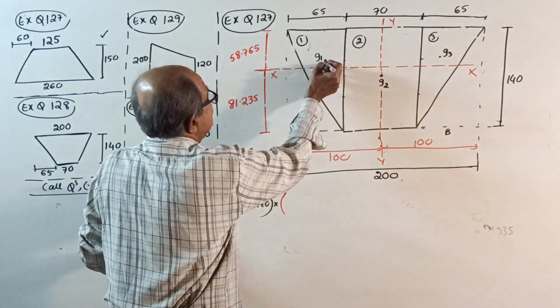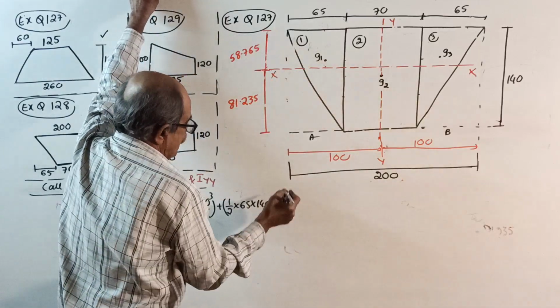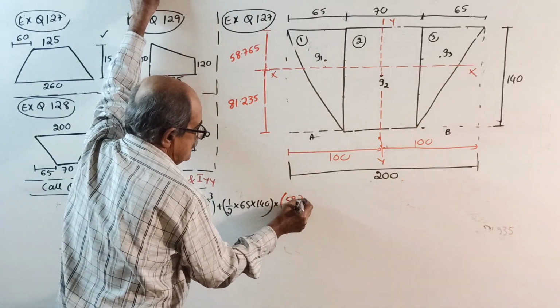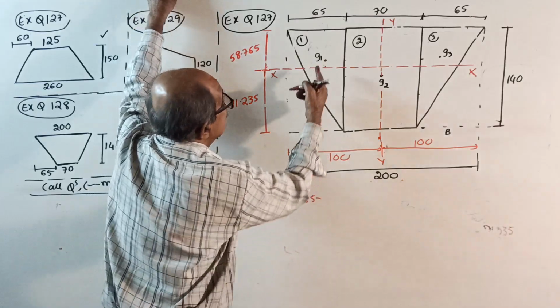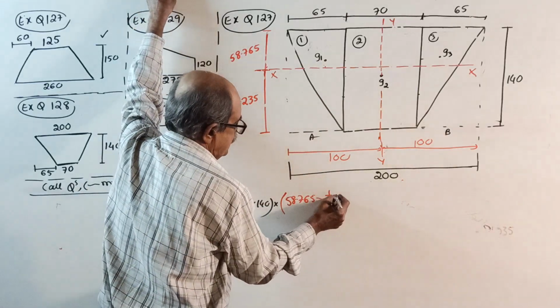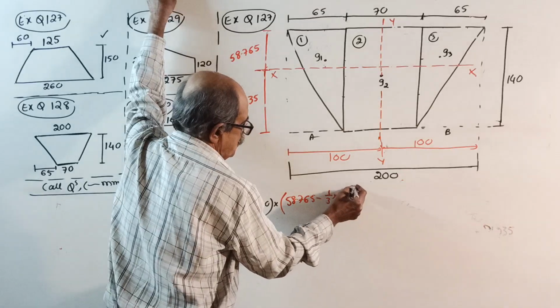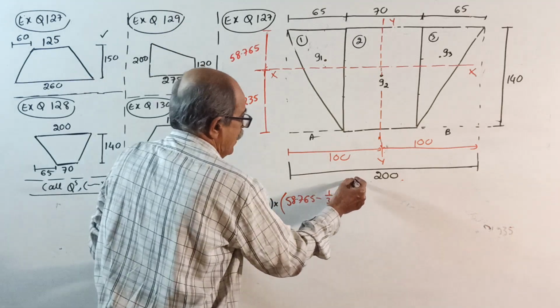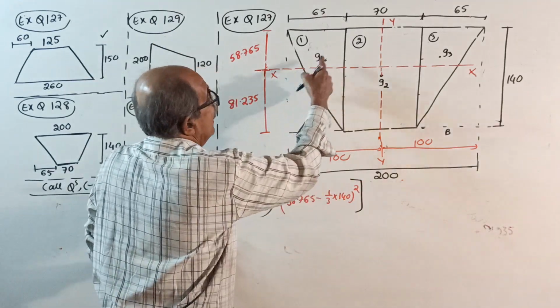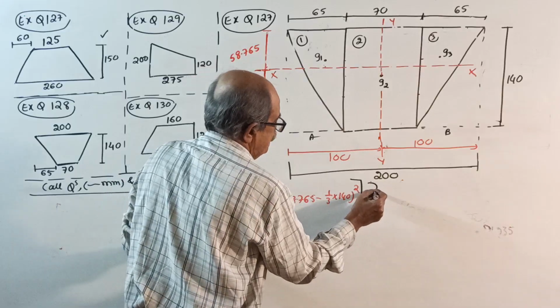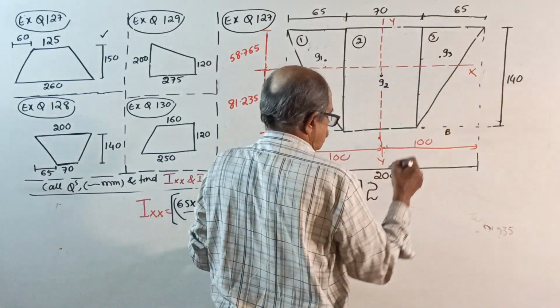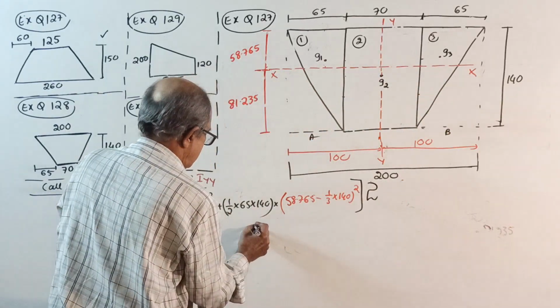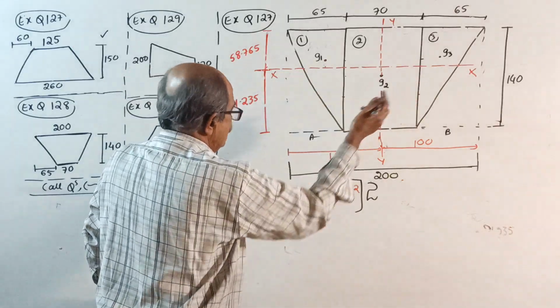Into this distance square is 58.765 minus 1/3 of 140 whole square. This will give I about XX for 1. Now for 1, identical for 3. See, once again, same formula. So 2 plus. That is 1 over, 3 over.